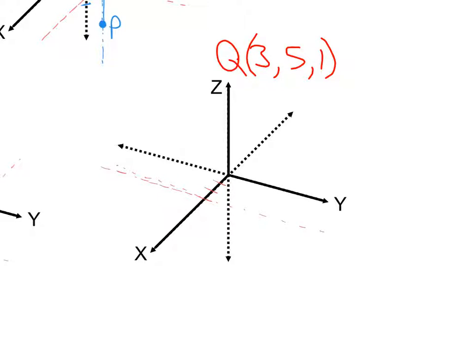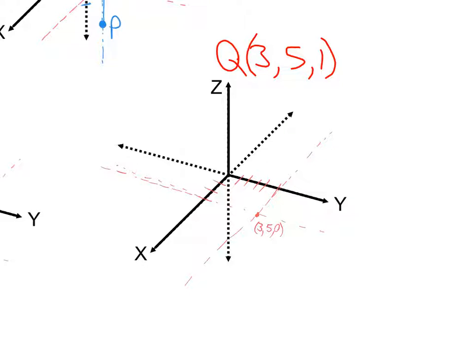Okay? And then y is 5, so 1, 2, 3, 4, 5. So again, I'm going to go parallel to the x-axis here. And guys, this point right here is actually the point 3, 5, 0. That point where you're finding the intersection, that's 3, 5, 0.